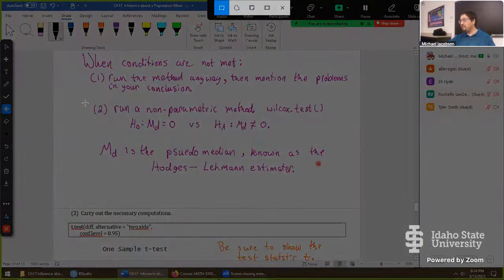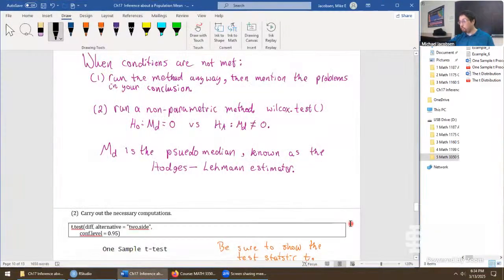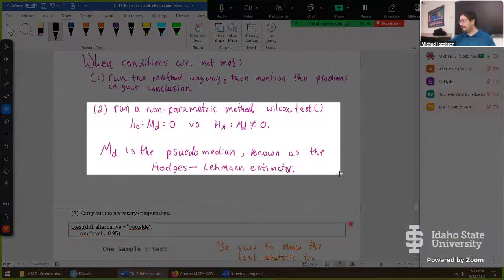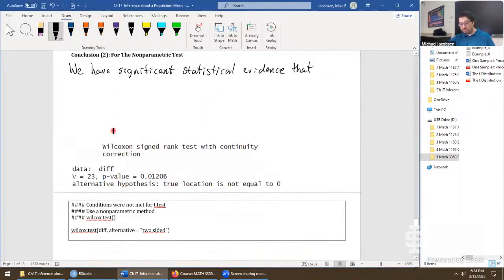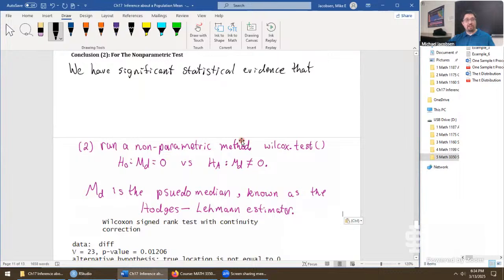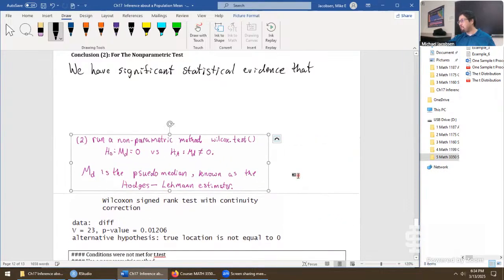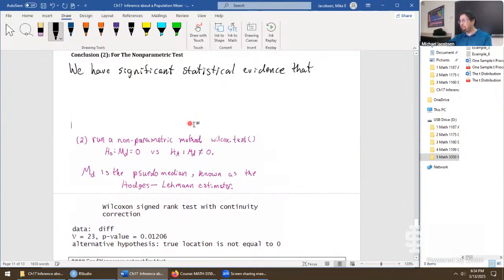So this is a good reminder. When we go to give the conclusion, it's kind of a crash course on a non-parametric method. But again, this is mainly for the students who feel you wouldn't want to run the parametric method when it is just not valid. So it gives you an extra way to analyze these kinds of problems when it comes up.